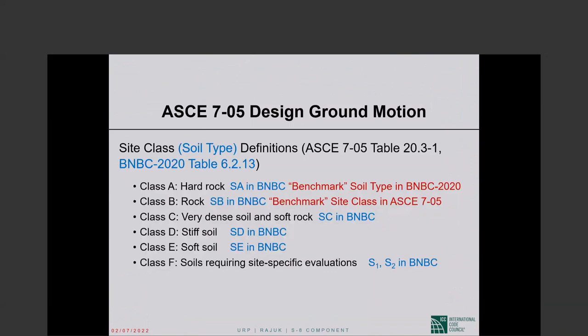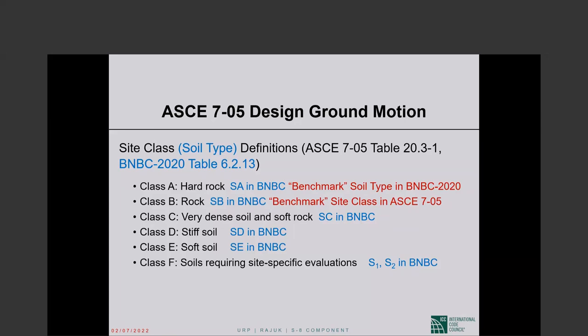The site class, which is called soil type in BNBC. In ASCE 7, there are 6 site classes, as I mentioned. A is hard rock, B is softer rock. Hard rock is characteristic of the eastern United States, which is geologically older, and therefore the rock is harder.